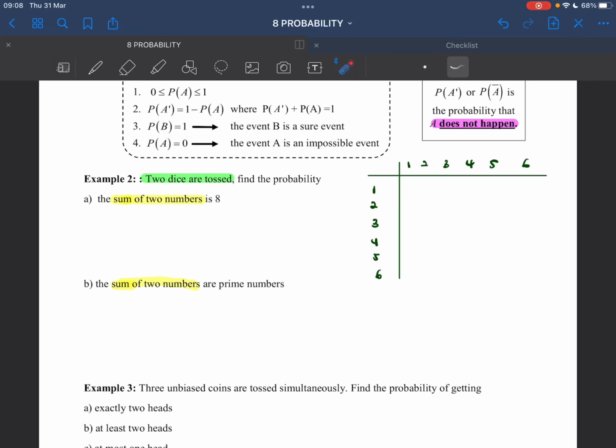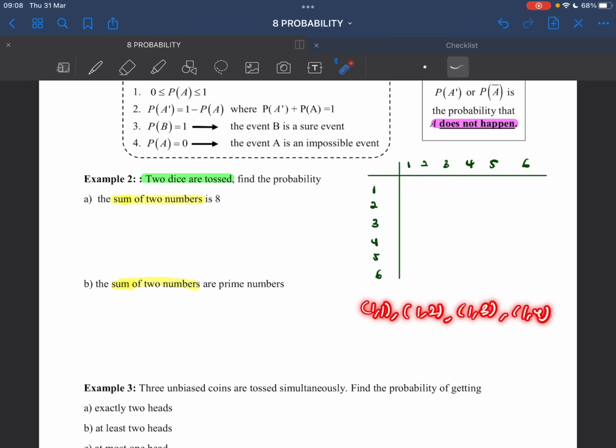Either way is fine. So the outcomes will be 1,1, 1,2, 1,3, and so on.